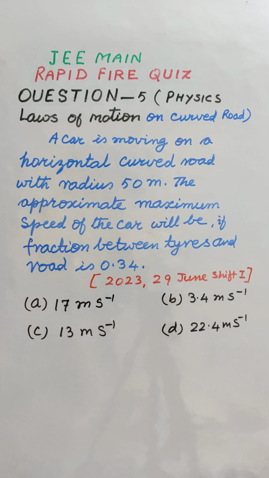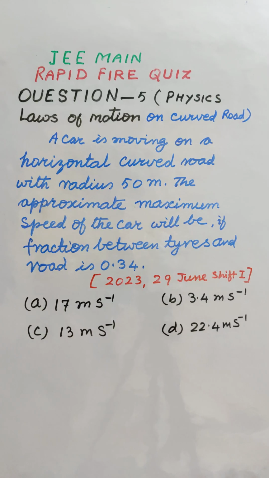Our fifth question is from physics, laws of motion on a curved road. A car is moving on a horizontal curved road with radius 50 meter.